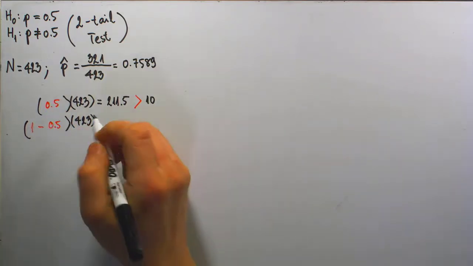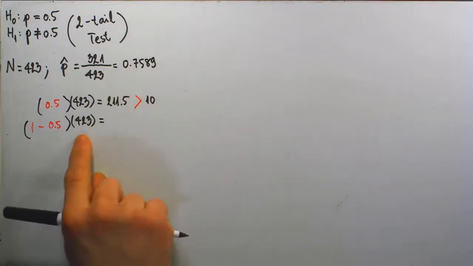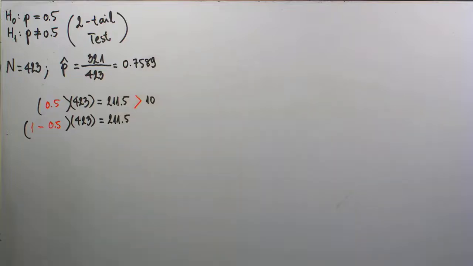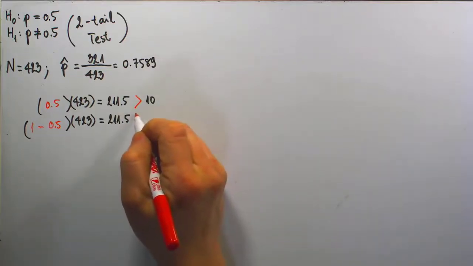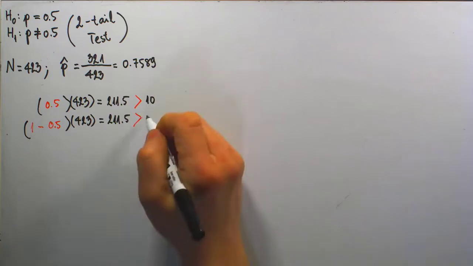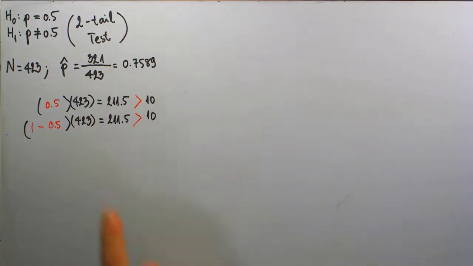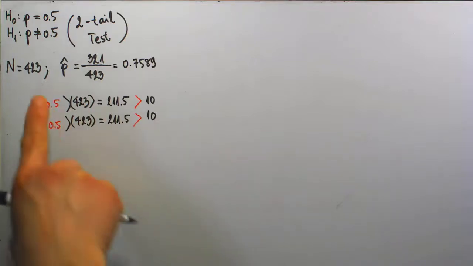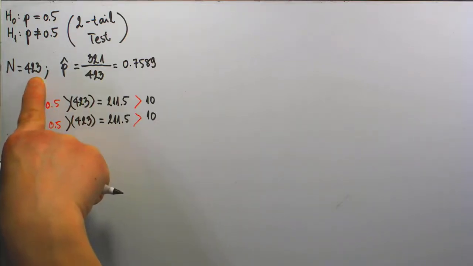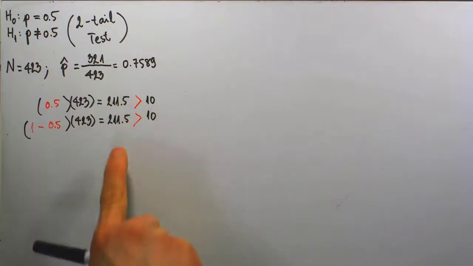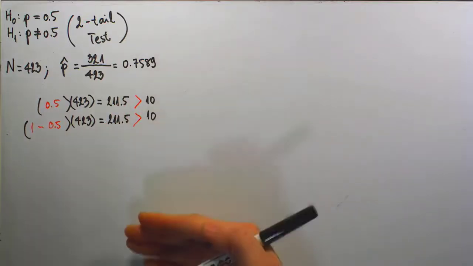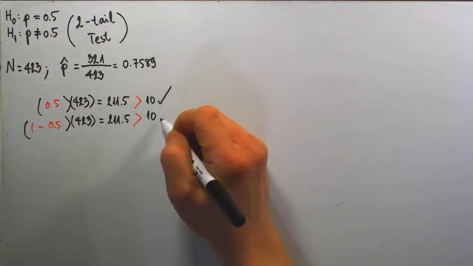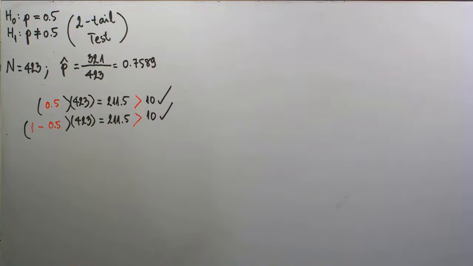Needless to say, this product will come out again being 211.5, and it will surely be greater than 10. So with the 2 quick calculation steps right here, it verifies that our sample at this current sample size will pass the 2 requirements in order for us to move on for the rest of the testing hypothesis problem. So I put a check on each one of the 2 requirements there.